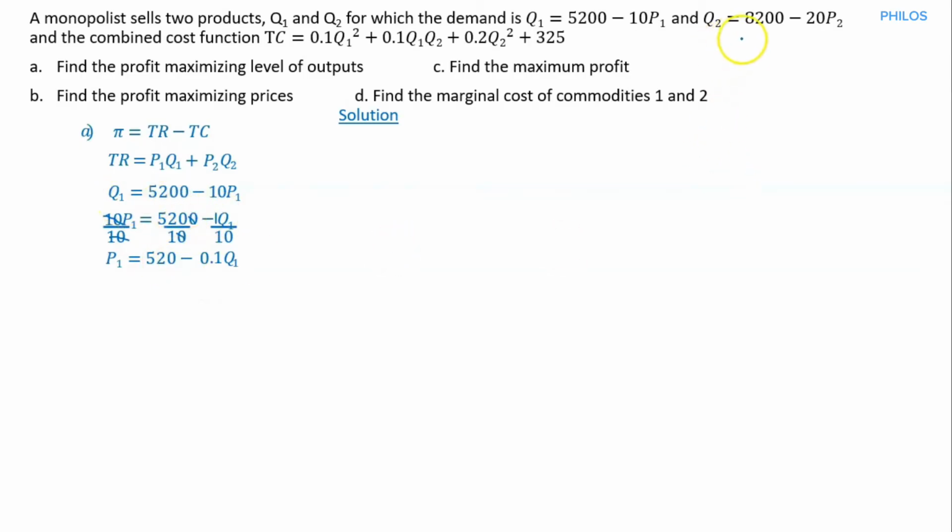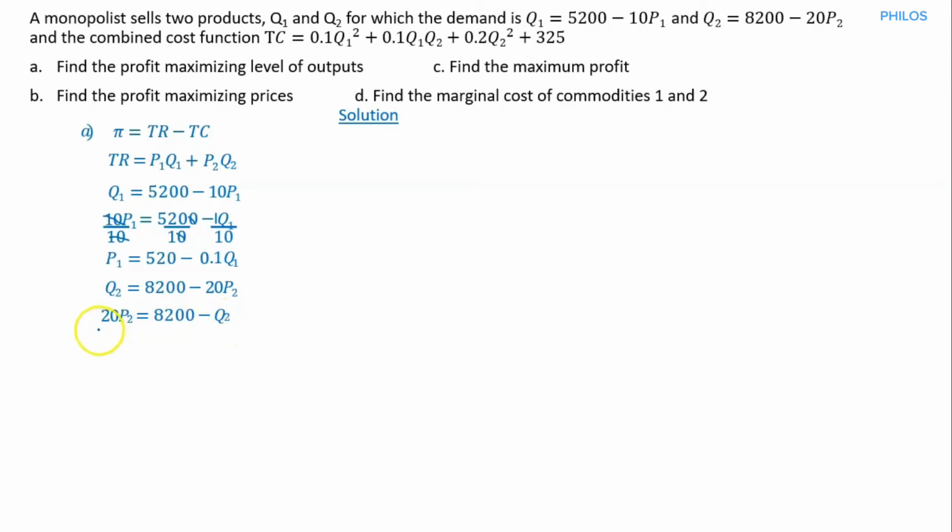Then we also take the one that Q2 is the subject and make P2 the subject from it. So let's record that Q2 is equal to 8,200 minus 20 P2. Now, to make P2 the subject, this is negative 20 P2, right? So we move it to this side. Thus, it crosses the equal to sign, becomes positive 20 P2, equals 8,200 minus Q2, because when this positive Q2 comes to the side, it becomes minus Q2.